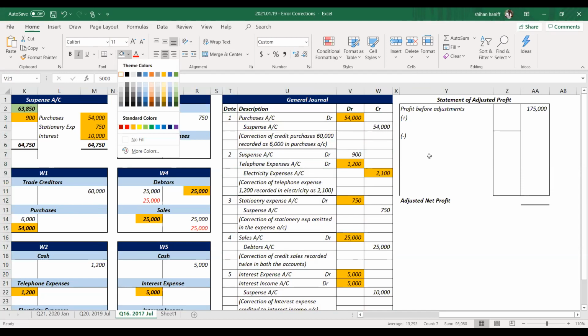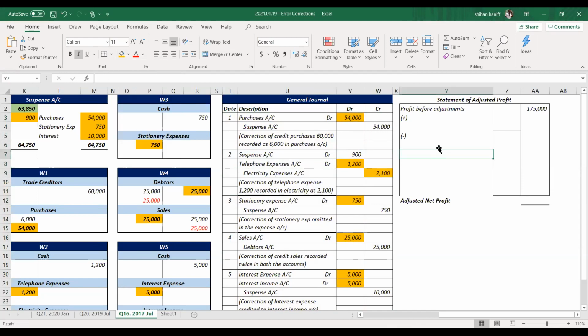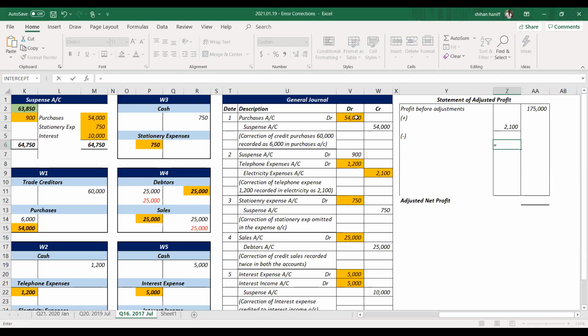Identify the items. Credit is plus, debit is minus. So whatever goes to the income statement, only those will affect the profits. So there is only one credit balance, which is 2,100 and 54,000, 1,200, 750, 25,000, 5,000, 5,000.